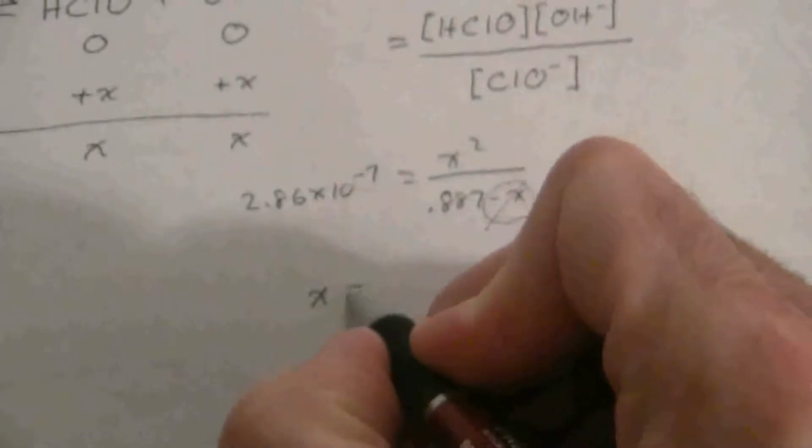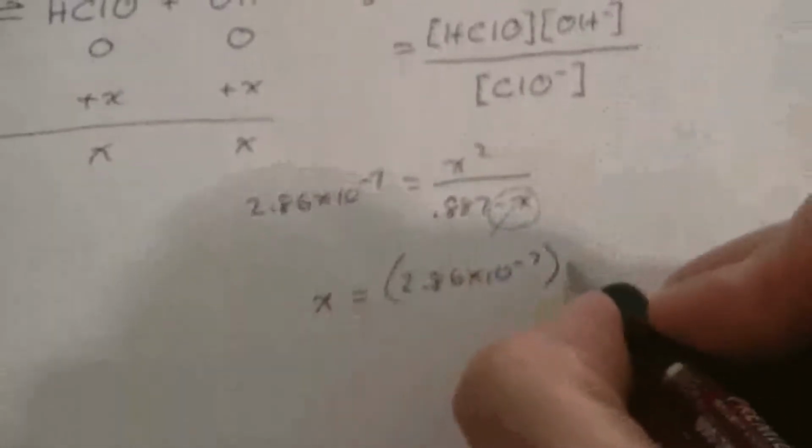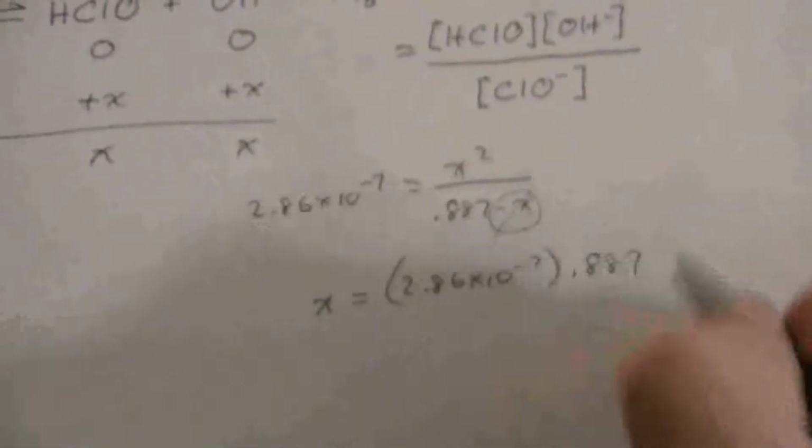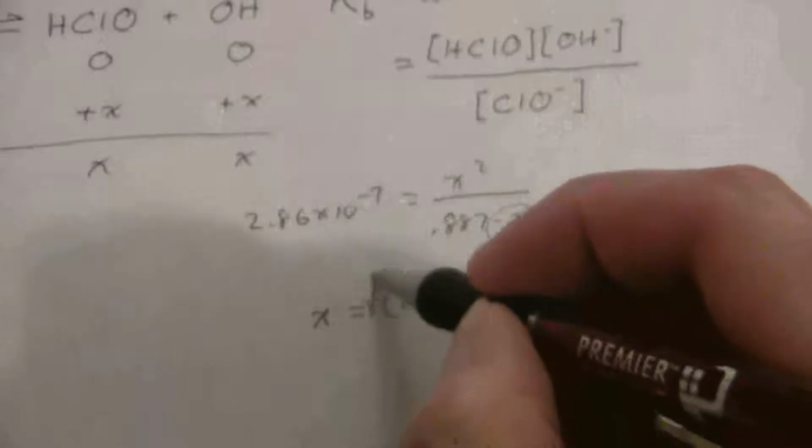Based on that assumption, x will be equal to 2.86 times 10 to the minus 7th times 0.887, and then we take the square root of that.